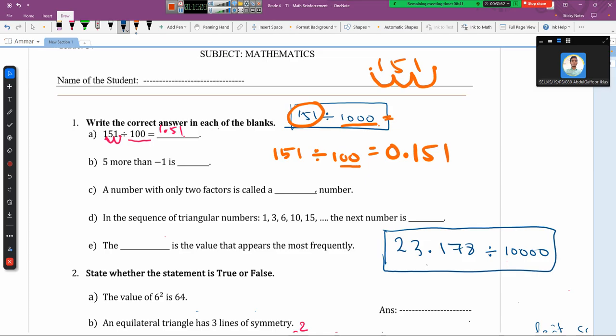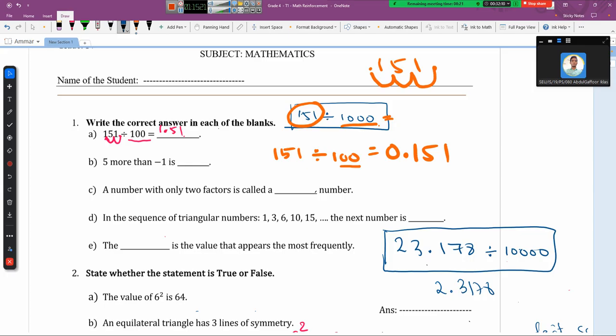So now this is how you have to think, right? How many zeros do we have in 10,000? Yeah. 2. I'm sorry? 2 point. The answer is 2.3178. Is that correct?